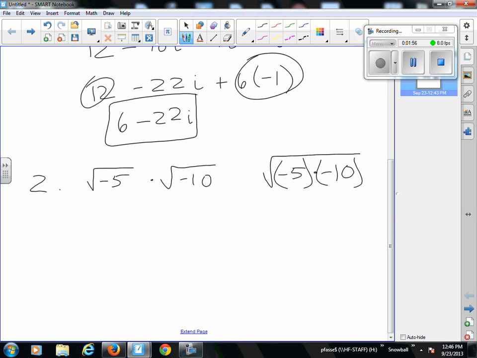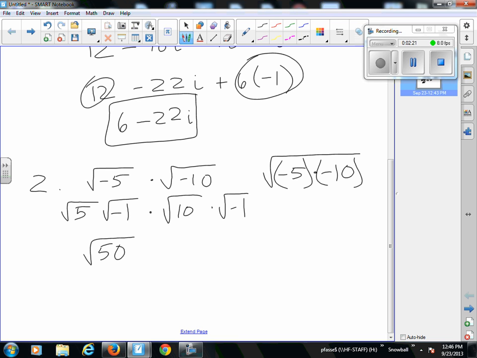It'll give you positive root 50, positive 5 root 2. But we don't know how to deal with a root negative 5. However, we do know how to deal with root 5 times root negative 1 times root 10 times root negative 1.